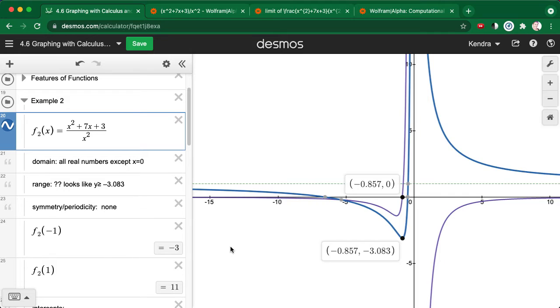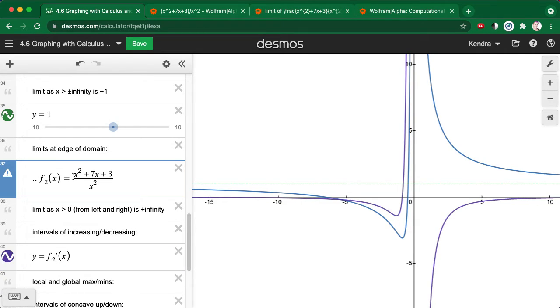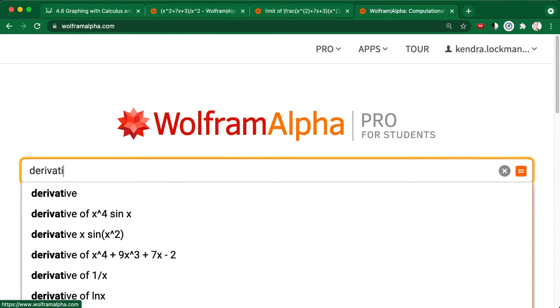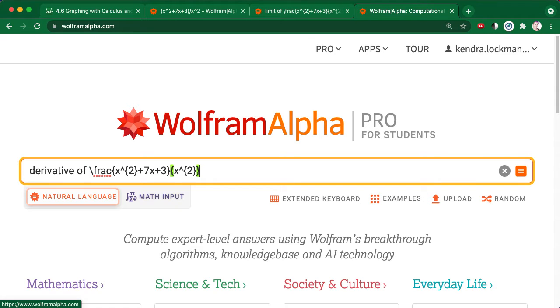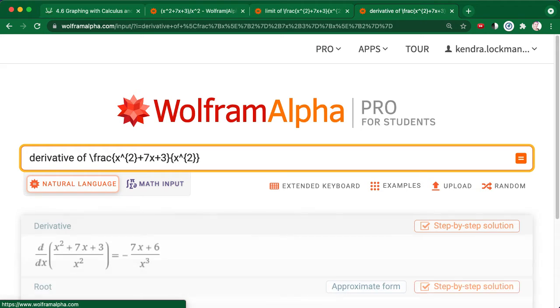I am going to confirm this by taking the second derivative of this function. I can definitely calculate the derivative by hand, but because I have a tool in front of me, I'm going to use that tool. So I can say derivative of that, which I copied and pasted. There we go.